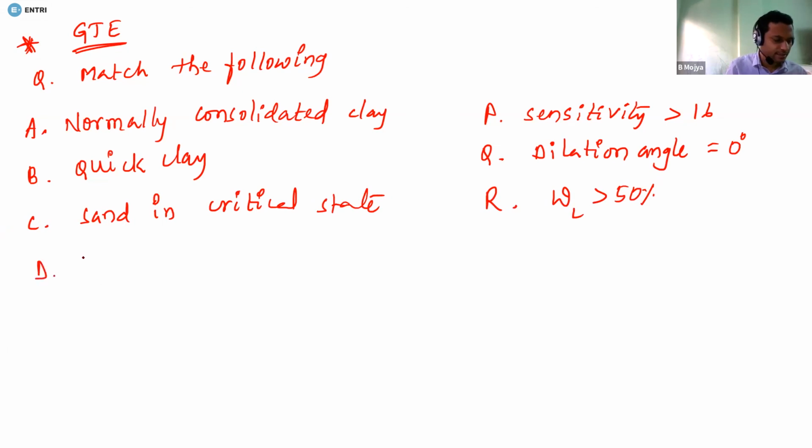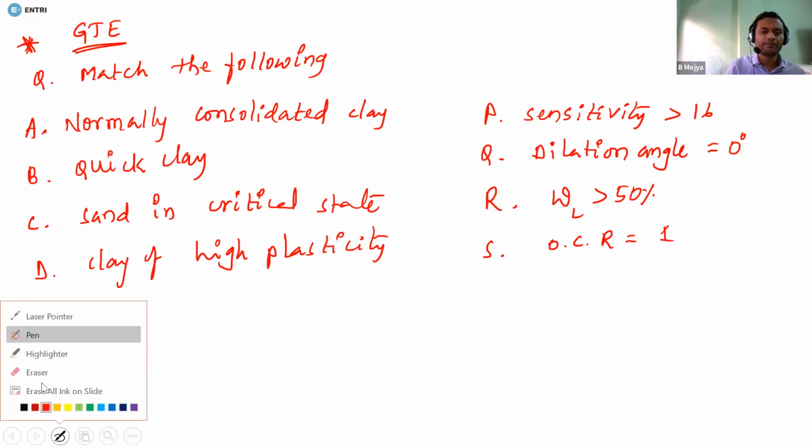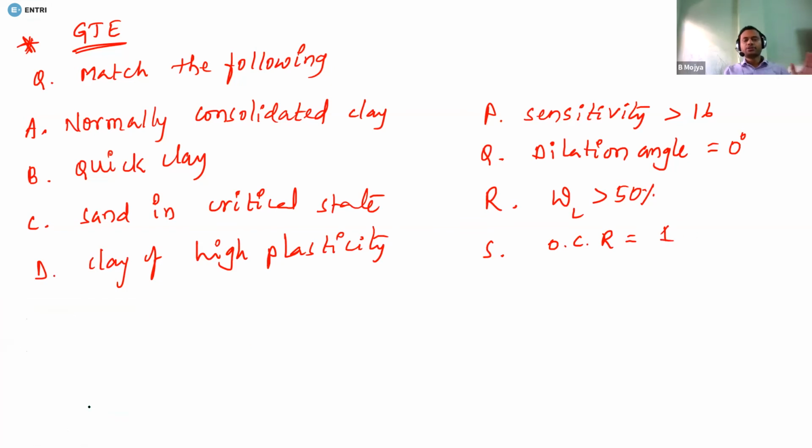D is clay of high plasticity, and S is OCR, the over consolidated ratio, equal to 1. So this is the question.